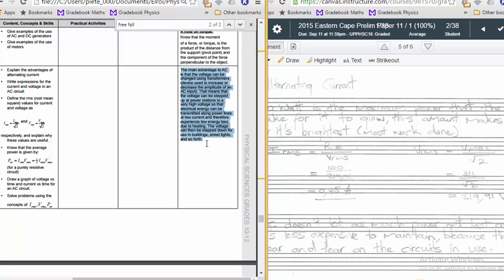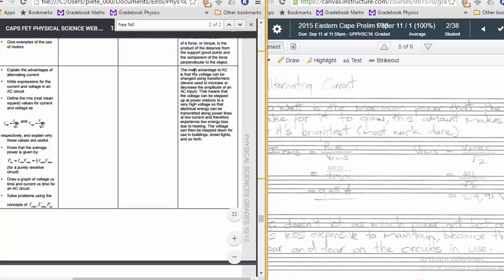So this is the answer that all markers in an exam should first consider, and this is what it says. The main advantage to AC is that the voltage can be changed using transformers. Okay, so the voltage can be changed using transformers. A transformer is a device that's used to increase or decrease the amplitude of an AC input.